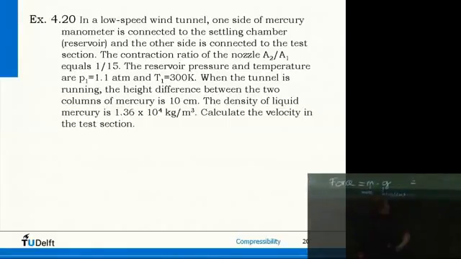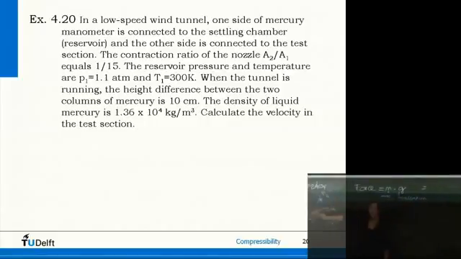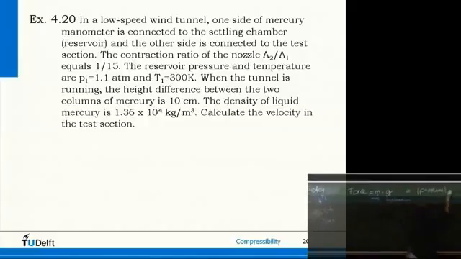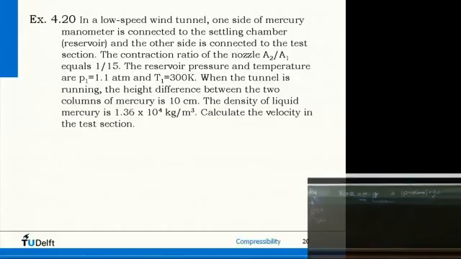What is the mass of this column of mercury? Rho times volume, right? So mass is density times volume, and then still times g. Density is kilograms per meter cubed. If we multiply it by the volume of the column, we have the mass again.